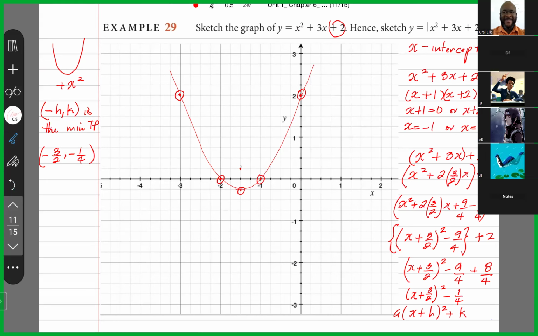When I reflect it above the x-axis, it's going to become that point. So if I reflect this above the x-axis in the line y equals 0, I'm going to get the point minus 3 over 2, positive a quarter. The x-coordinate remains the same, but the sign of the y-coordinate changes.